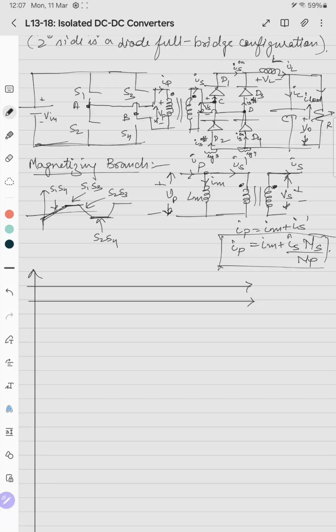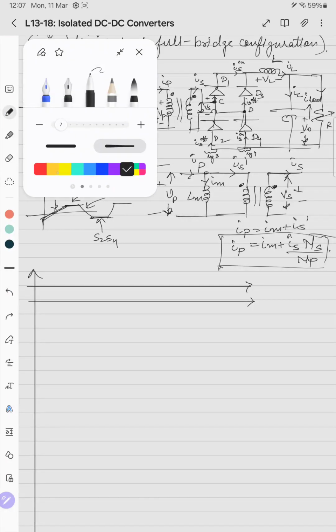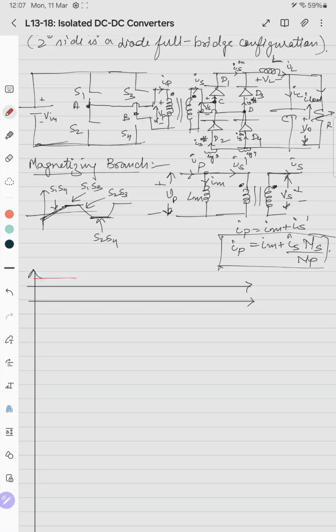So first we'll say that this is on. At a time, at least two switches should be turned on simultaneously, so the switching pattern should be like that.